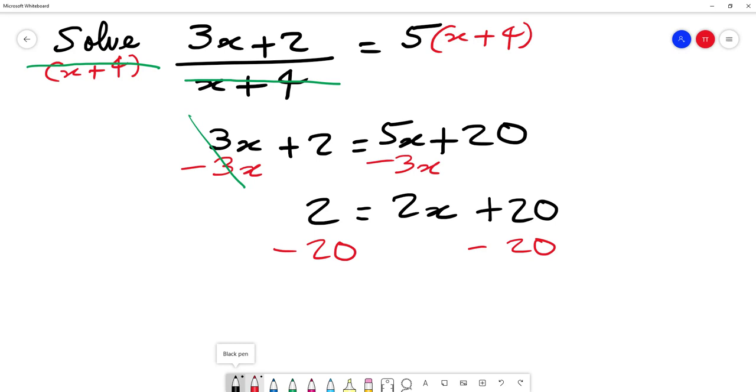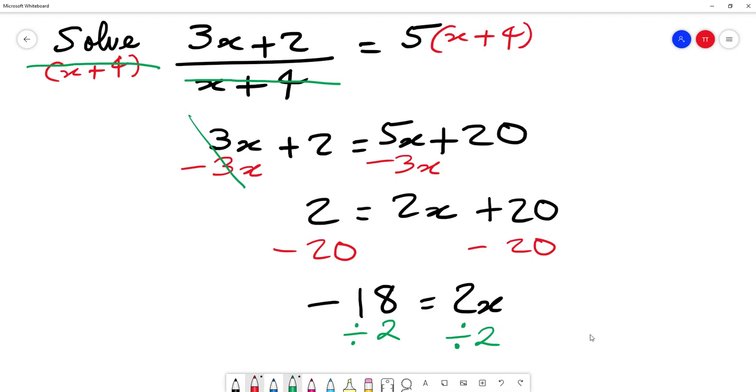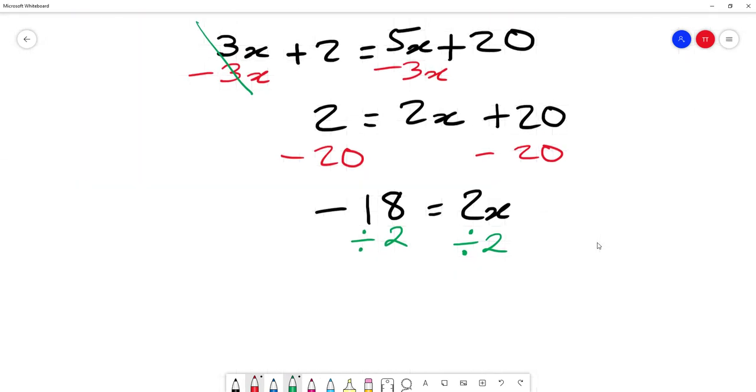So 2 minus 20 is minus 18. And we get 2x. And don't forget, we always divide by 2 in this case, because it's the number in front of the letter, or 2 times x is 2x, so the opposite of times is divide, and then that will give me minus 9. So minus 9 equals x.